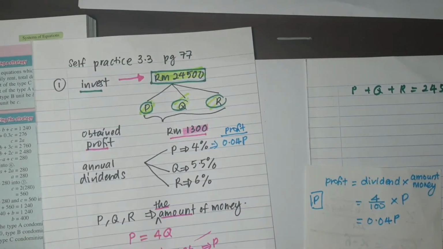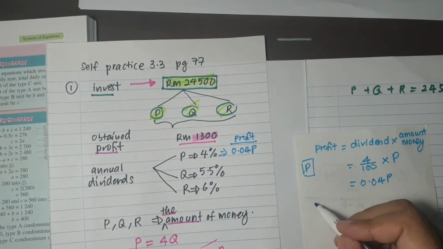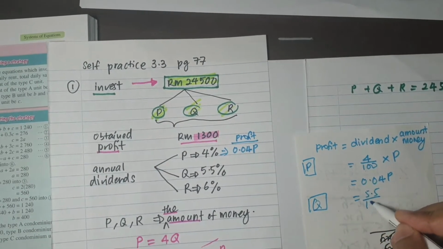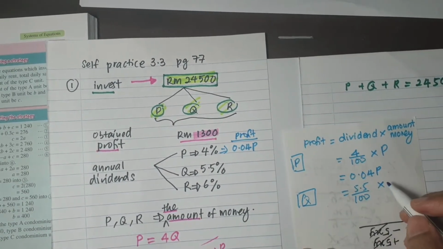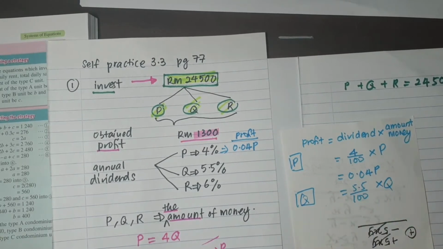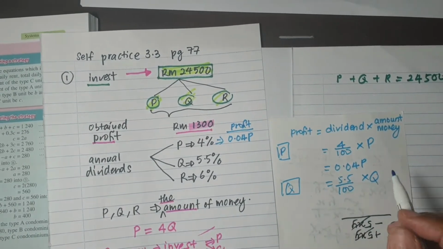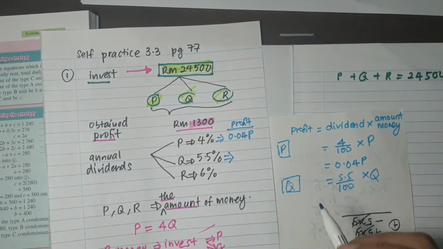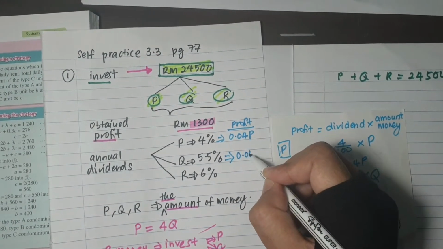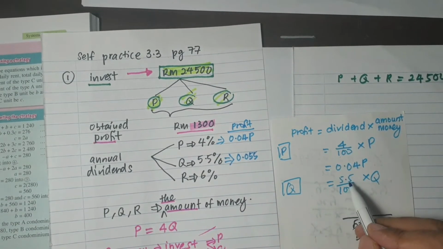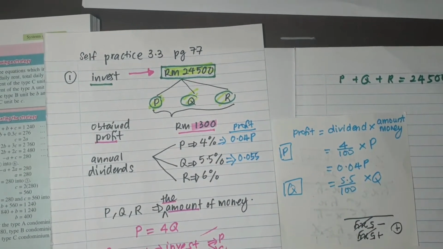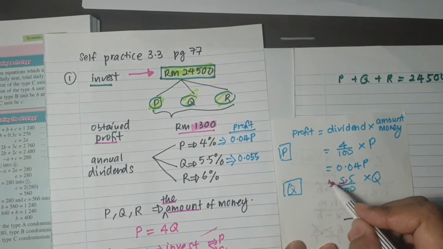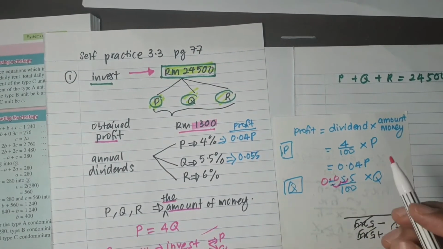Account Q, of course you ambil dividend 5.5% times total money dalam account Q lah. In this case is Q because kita tak tahu, sebab tu kita nak kena cari. So 5.5% is 0.055. 5.5 over 100, you move how many decimal point? 1, 2. So the new decimal point is here, 0.055.